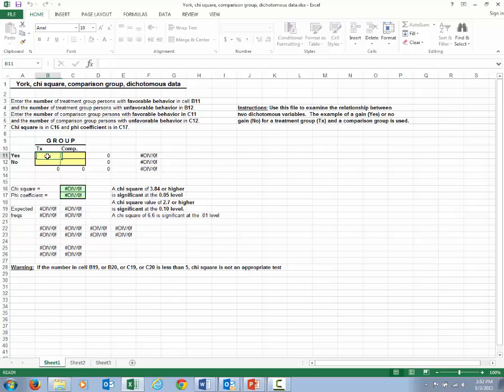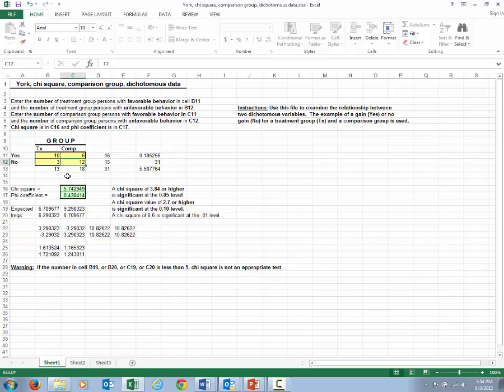Our data showed that 10 persons in the treatment group improved and 3 people did not. For the comparison group, 6 people improved and 12 people did not.